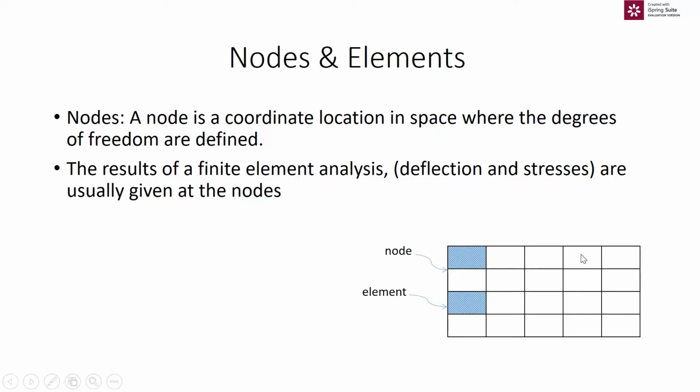So we can see below, this point is called a node, but this whole rectangle is an element with 4 nodes. So this area, this rectangle is called an element, but each point on this rectangle is called a node.